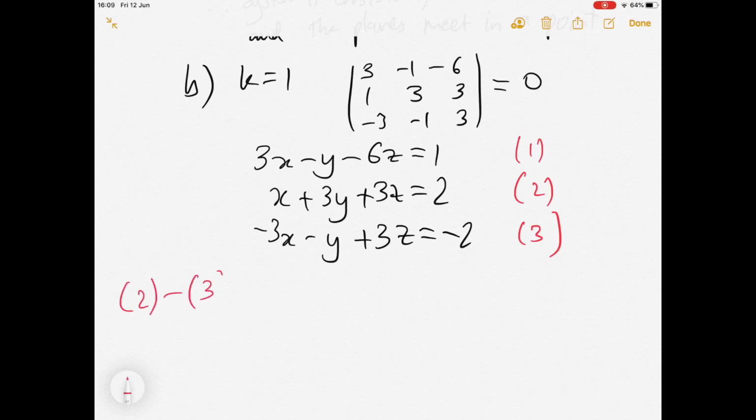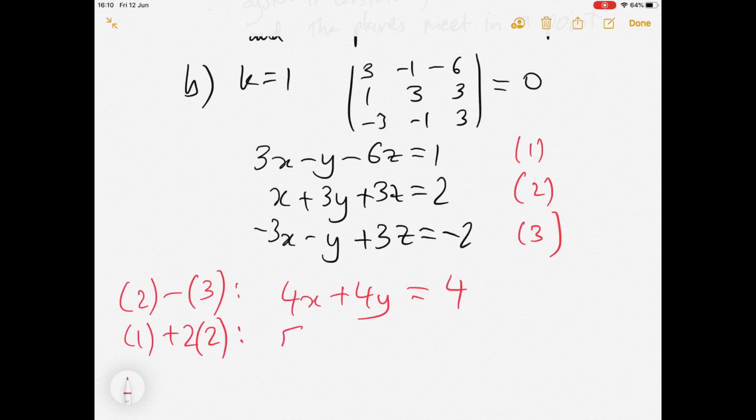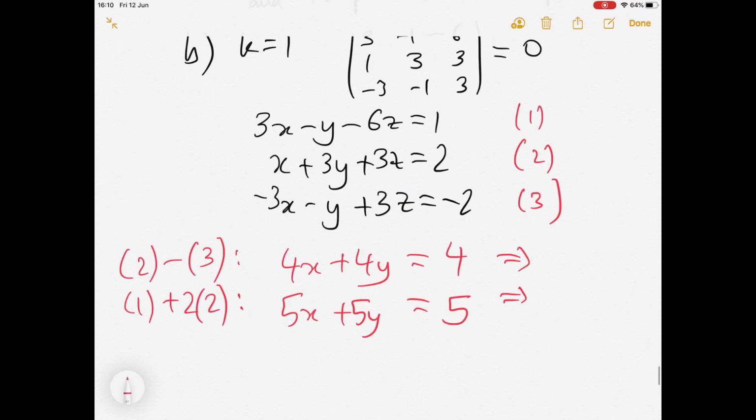So let's do 2 minus 3, which gives us 4x plus 4y equals 4. And now let's eliminate z from number 1. So let's do number 1 plus 2 times number 2. So we're going to get 5x plus 5y plus no z equals 5. Both of these give us x plus y equals 1.